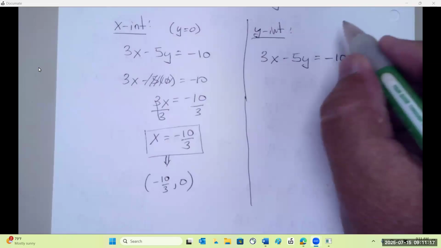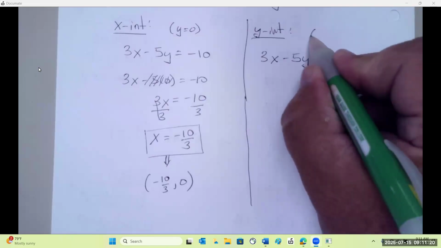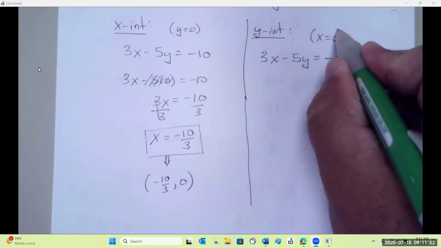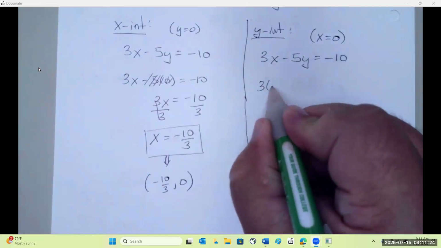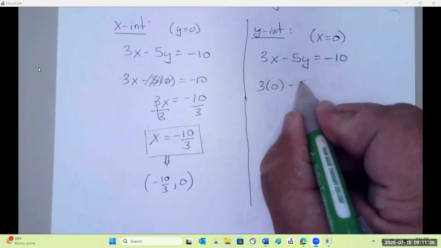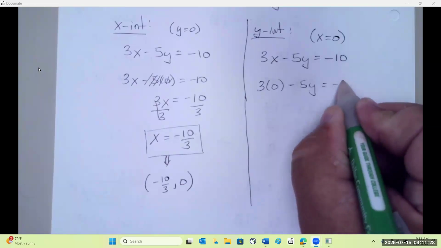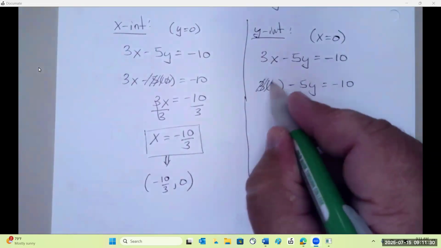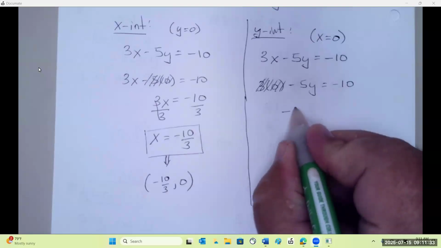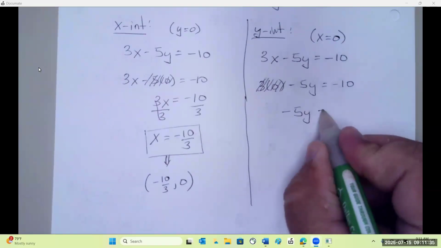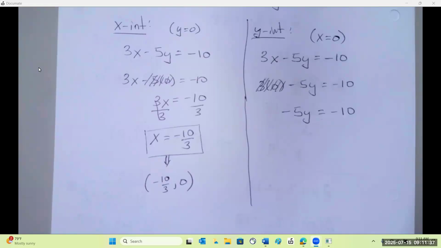For the y-intercept, what do we do there? Set x equal to 0. Three times 0 is 0. It's gone. We're trying to get to y.